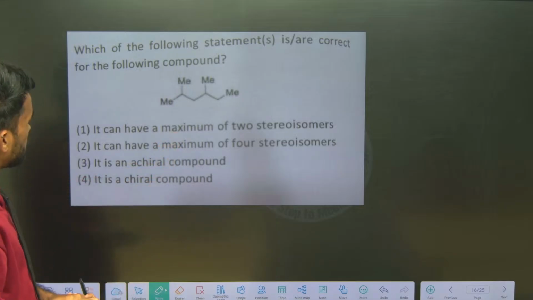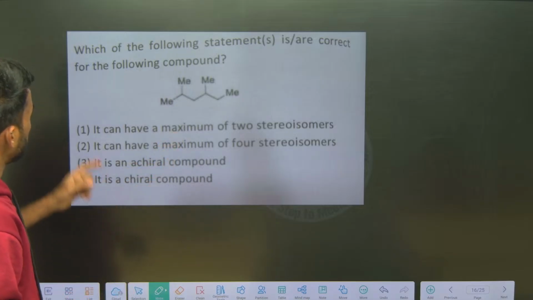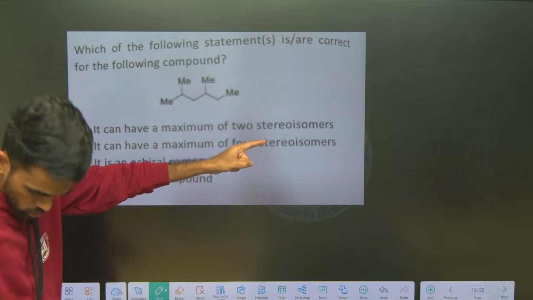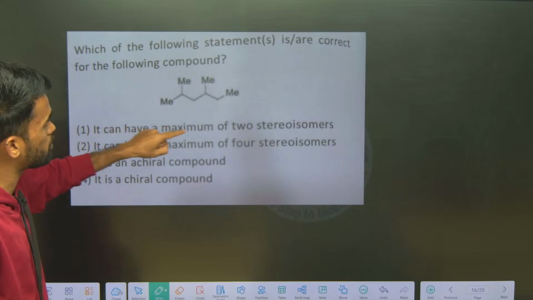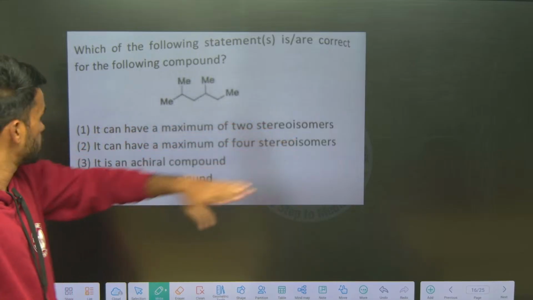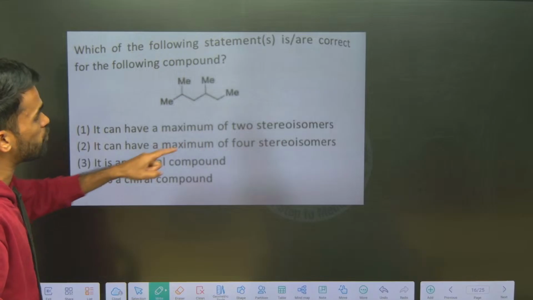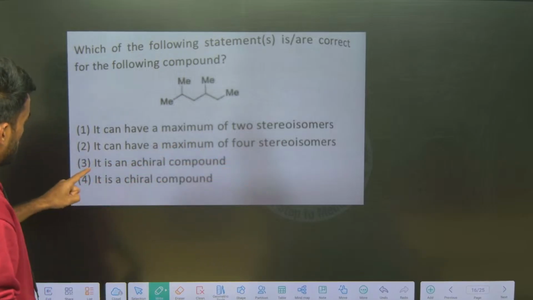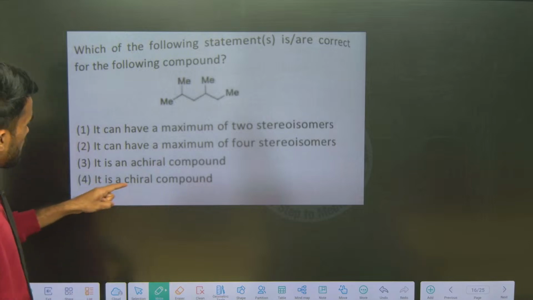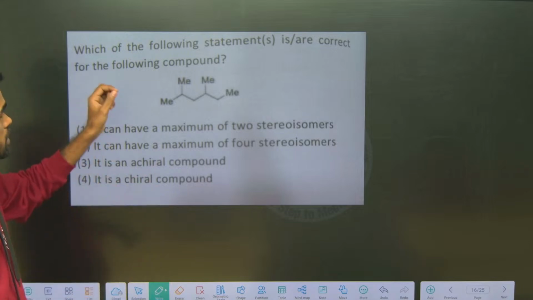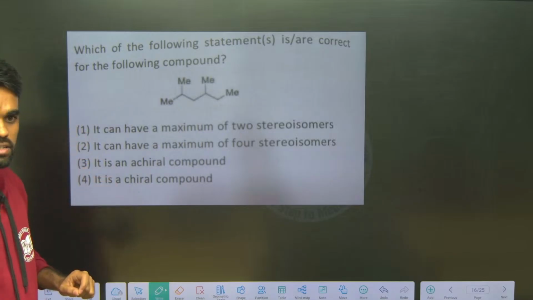First of all, read the options they have given here. It can have a maximum of 2 stereoisomers, it can have a maximum of 4 stereoisomers, it is an achiral compound, and it is a chiral compound. First of all, identify whether it has any chiral centers.